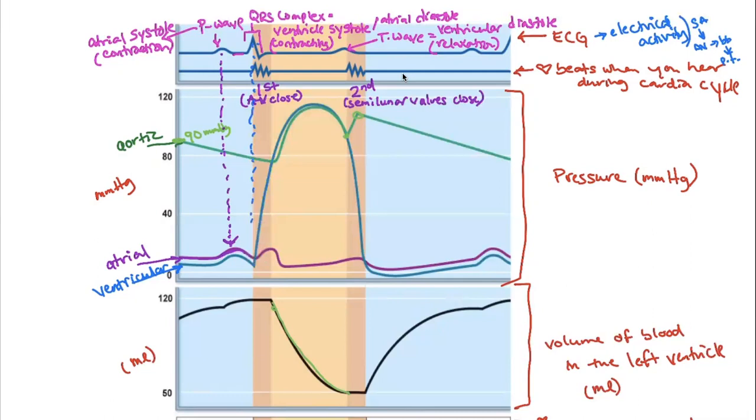Now, the first heart sound I told you is the AV valves closing. When the pressure inside the ventricle increases right here beyond atrial pressure, that is when the valves close. So the AV valves close due to the pressure in the ventricle now being greater than the pressure in the atria, right? So this causes the first heart sound, or AV valves to close.